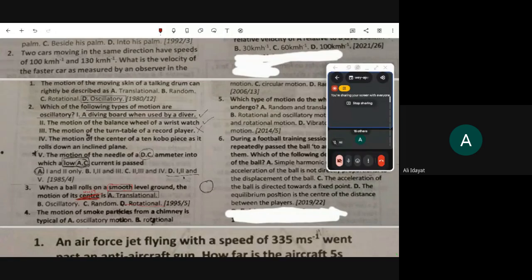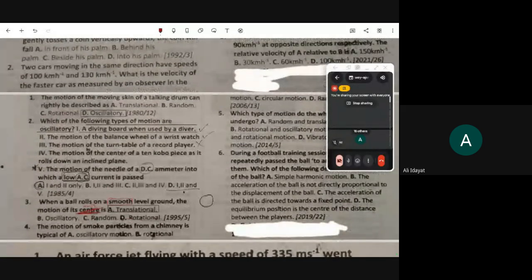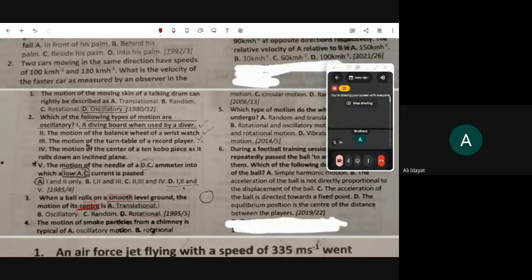Let me check. He picked rotation. I'm not saying that I know all the answers to all the physics questions. That's not what I'm saying.